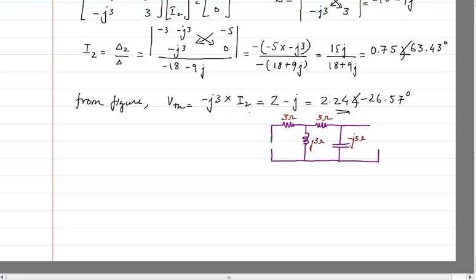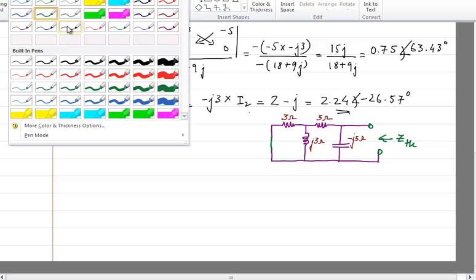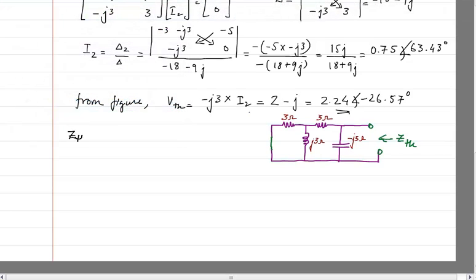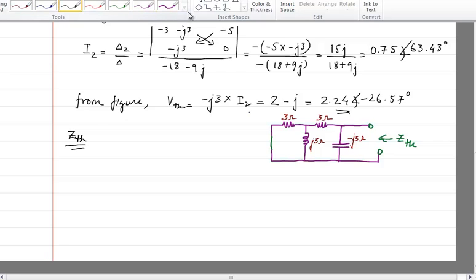So here is my short circuit, and I have to find out what is ZTH between these two. So I will write the heading as ZTH.